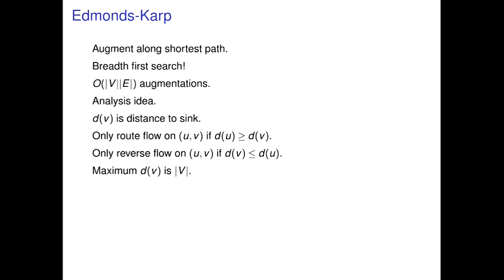So the biggest the distance can be is the size of V. Now you can prove that you can't reverse the arcs too much, because you can only send flow along one direction if u is higher than v.